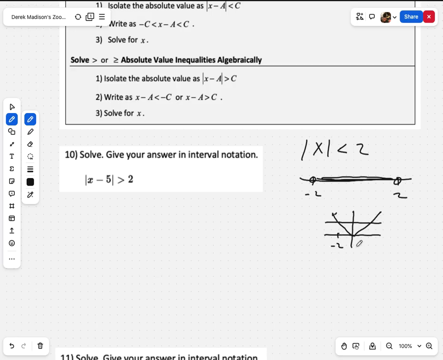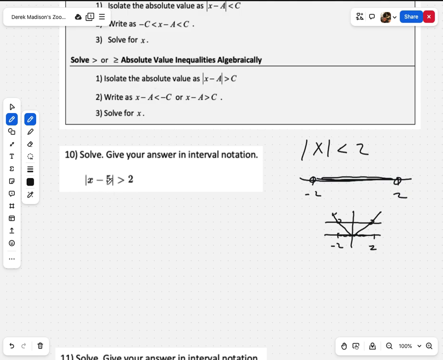And it's in between the 2's. It's all in this area where that graph is going to be below the line y equals 2. And so whenever we see a less than, it's going to end up in between those values.